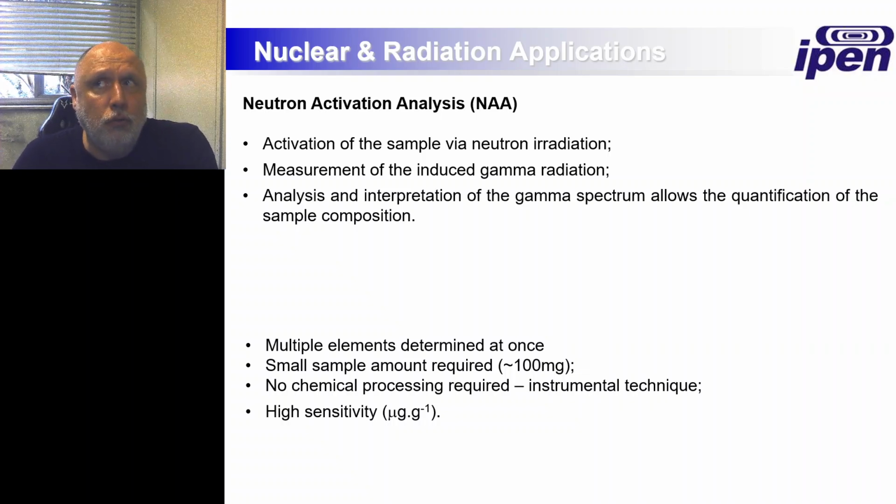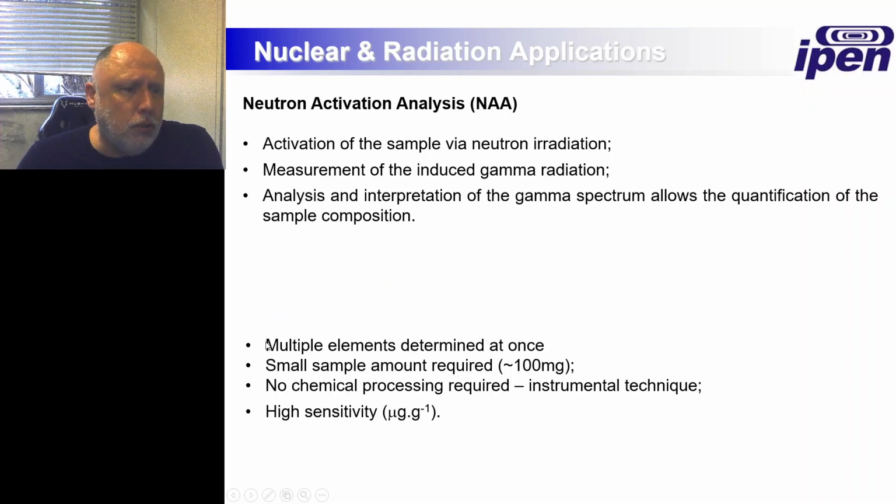So it's very easy to separate lines in a detector. So you get a spectrum and you say this line is from iridium, this line is from iron, this line is from cobalt, and you can quantify everything, right? So using this you can quantify the sample composition.